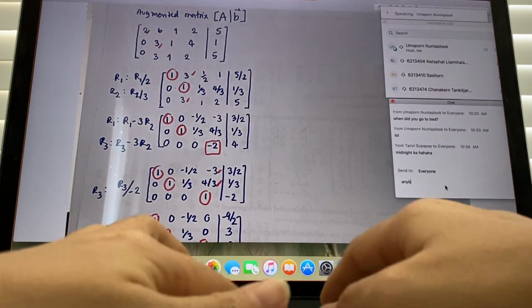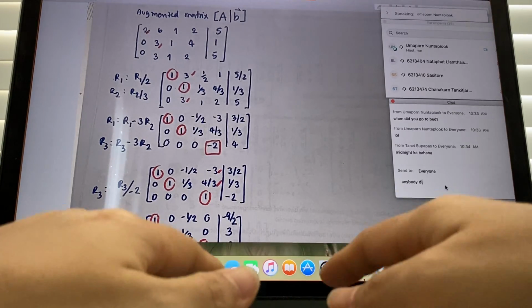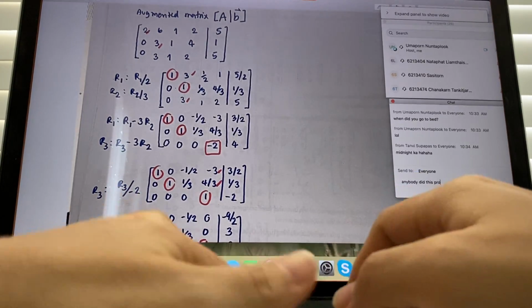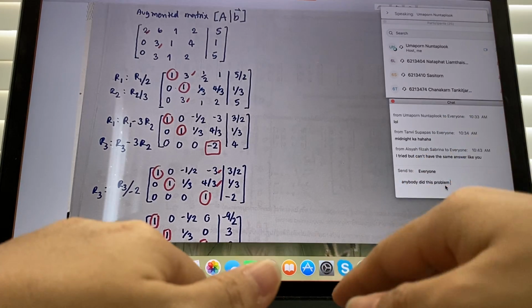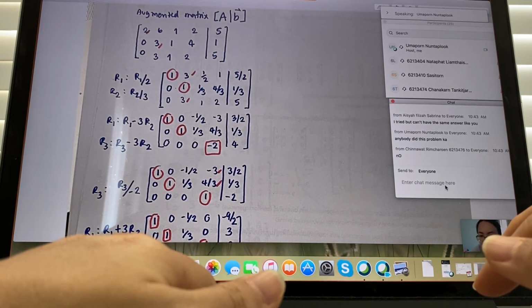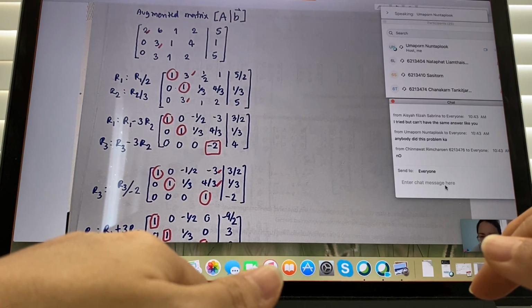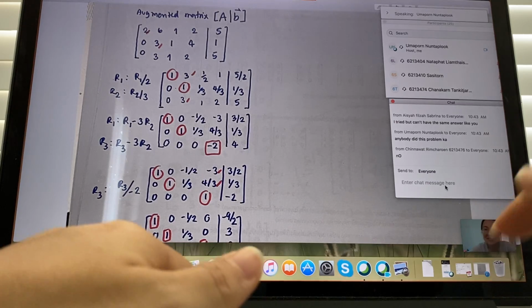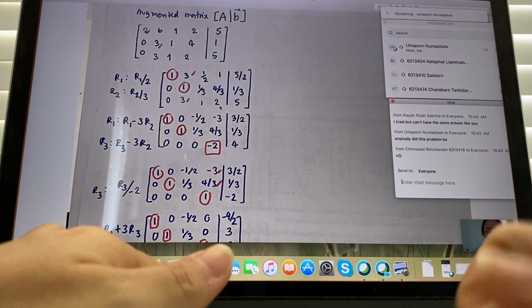And anybody did this problem? I tried, but can't have the same answer like you. No. Okay, you know what? Thanks. Let's see this together.